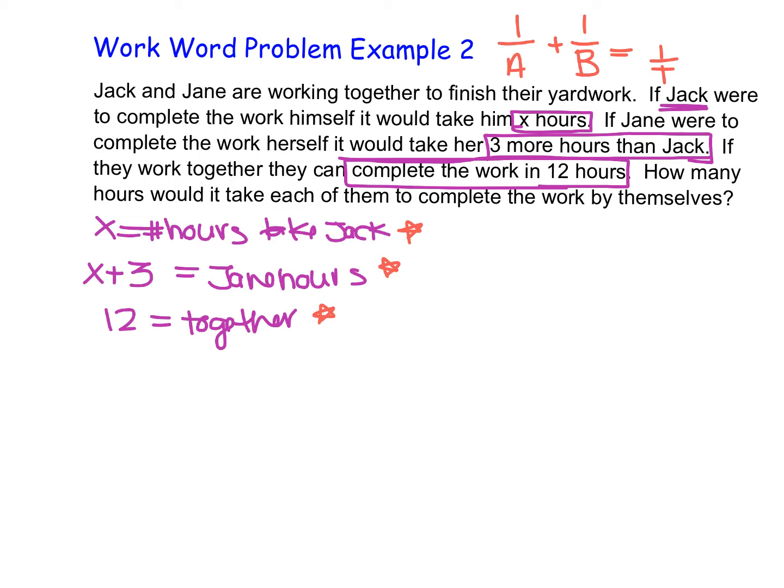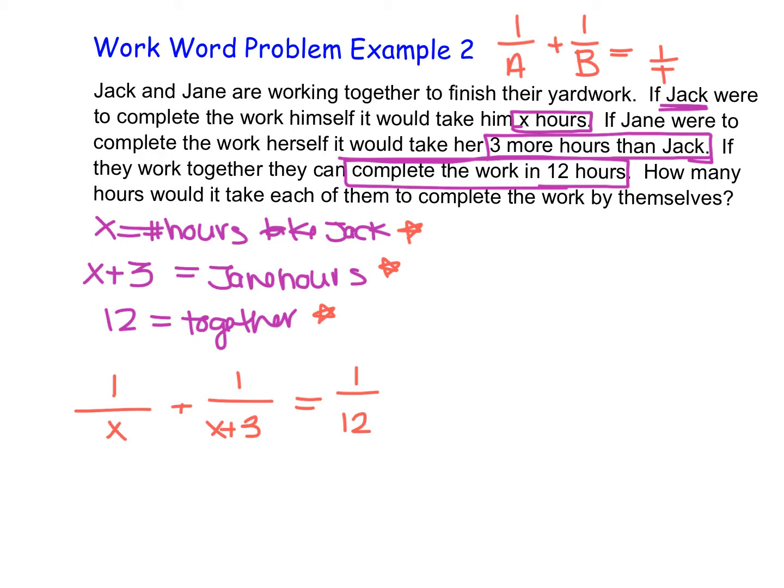So we have variables that are a little bit more present in the problem. So 1 over A, that's going to represent Jack. So we have 1 over X plus Jane is 1 over X plus 3 because she takes 3 more hours than Jack. And then total, it's 1 over their total number of hours, which is 12.